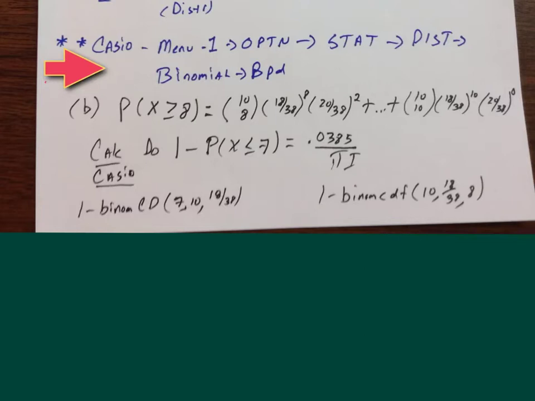So that would be a cumulative probability. If you want the probability that X is greater than or equal to 8, in your calculator you're going to have to take 1 minus the probability that X is less than or equal to 7, once again because these are discrete options.